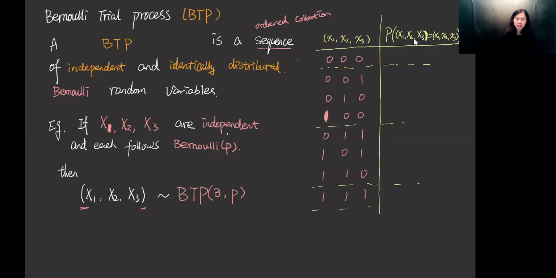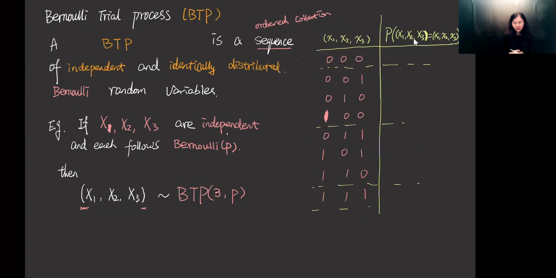These values can be listed as follows. All of them are 0; the first two are 0 and the third is 1; or 0, 1, 0; or 1, 0, 0; or 0, 1, 1; 1, 0, 1; 1, 1, 0; or 1, 1, 1. So these 8 outcomes are all the possible outcomes of this Bernoulli trial process.